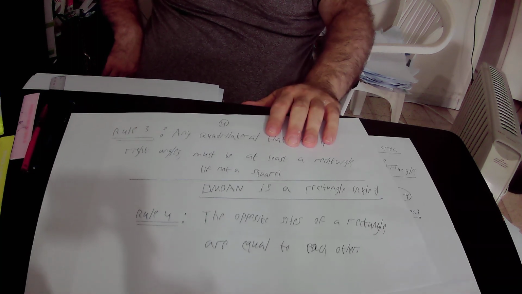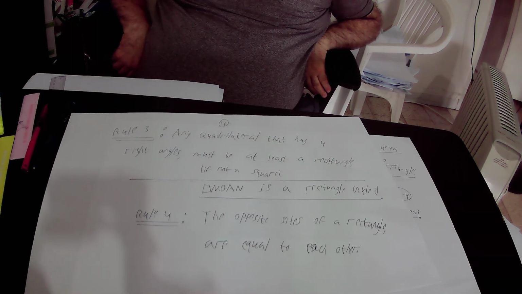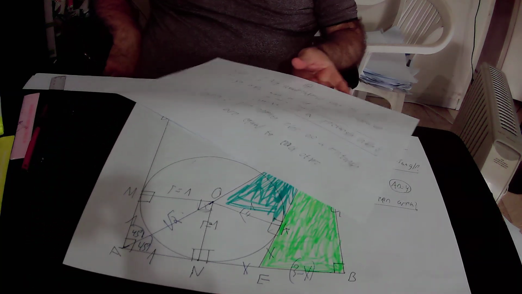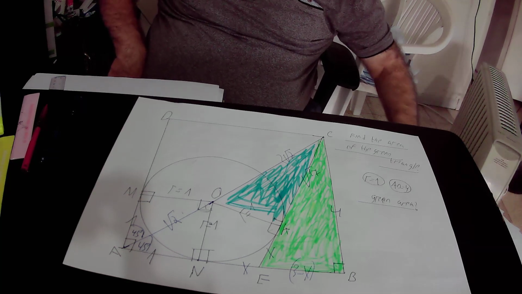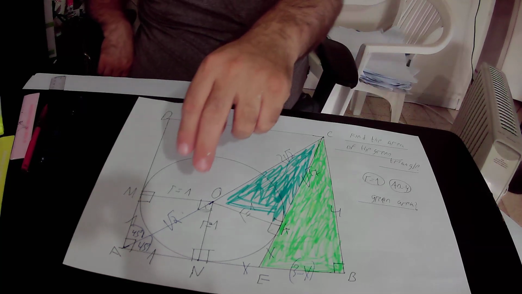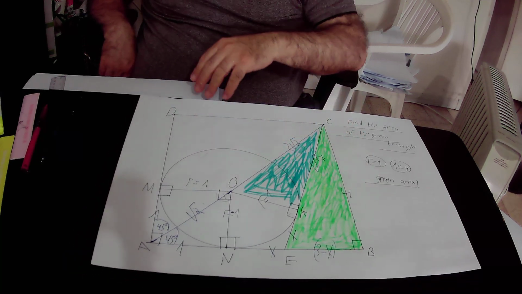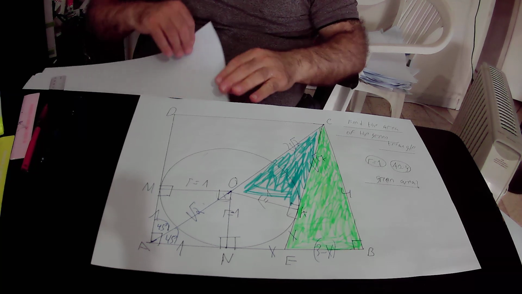And we also have rule number 4. According to rule number 4, the opposite sides of a rectangle are equal to each other. So in rectangle MOAN, its opposite sides are equal to each other. What does it mean?